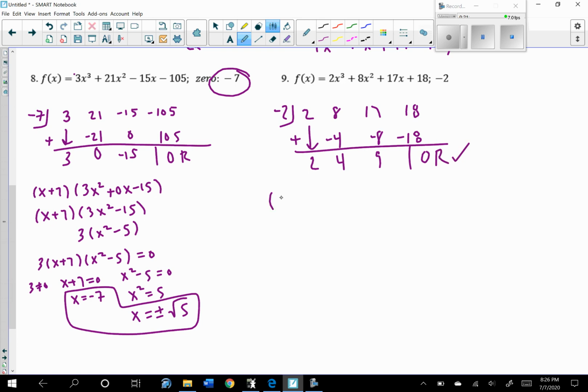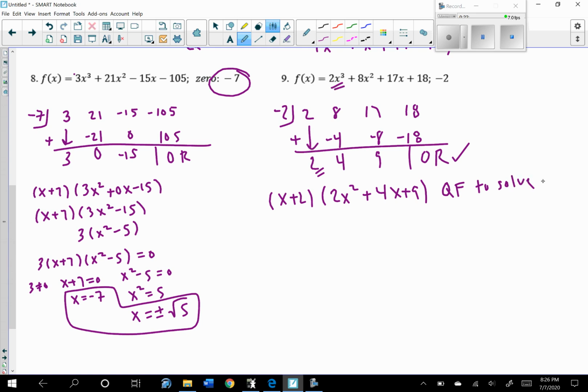Then my factors would be x plus 2, because that comes from the negative 2. This is degree 3, so this starts off with degree 2, so 2x squared plus 4x plus 9. And so for this, 2 times the 9 gives me 18. There are not factors of 18 that add up to 4. So we're going to have to use the quadratic formula to solve.